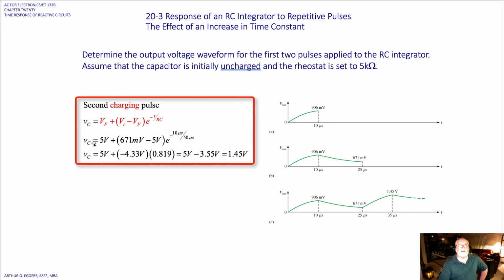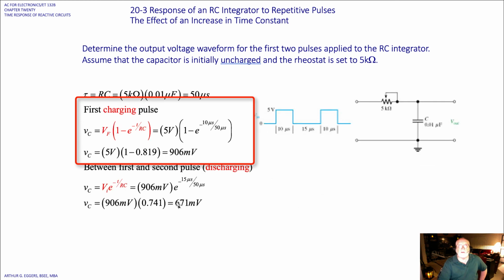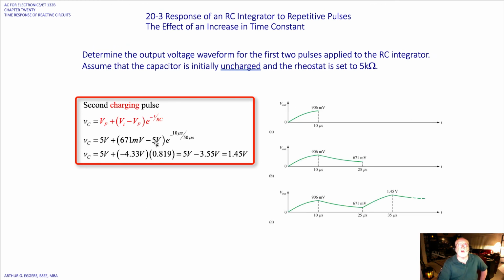In this case, 5 volts is the final value. The initial value was from the previous step, 671 millivolts. We subtract that from the 5, take the exponential of minus t over tau, or t over RC, minus 10 microseconds over 50, and we get a capacitor value of 1.45.